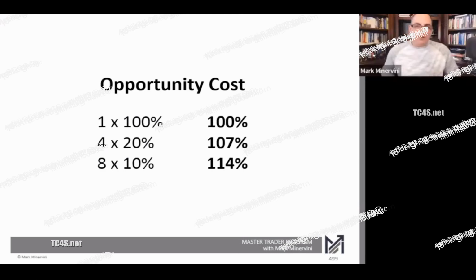That's all you need to do: find a stock that goes up 10% 8 times and you're up 114%, right? Now again, I showed you how doing that with a 25% position X amount of times and breaking even the rest of the time doesn't seem so hard to get to those triple digit returns, right? Maybe that's why I've gotten triple digit returns in many, many years of my career. That's how I've done it.